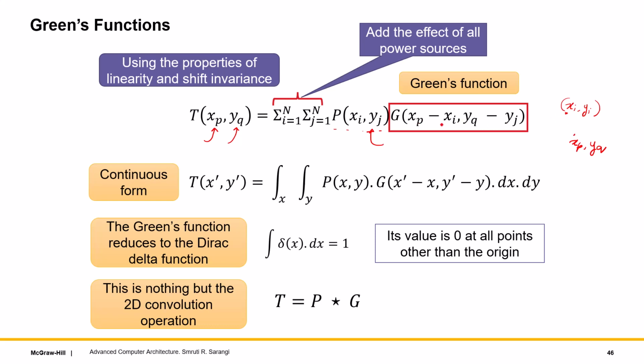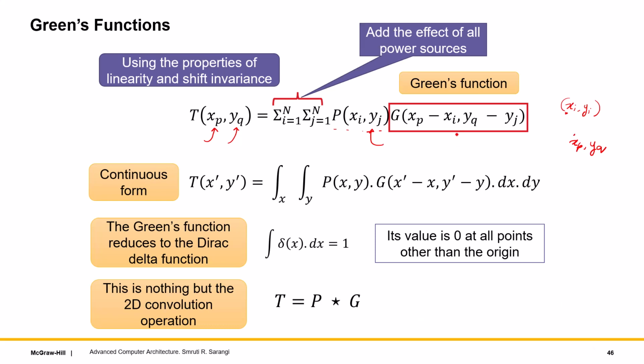So g of xp minus xi and yq minus yj. This is simple common sense stuff. It's easy to prove as long as you are able to visualize this.